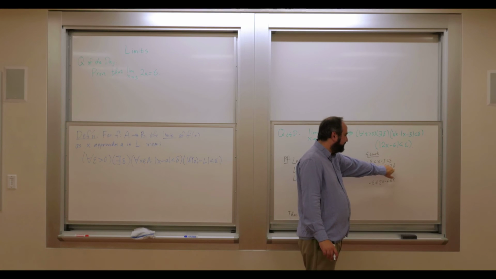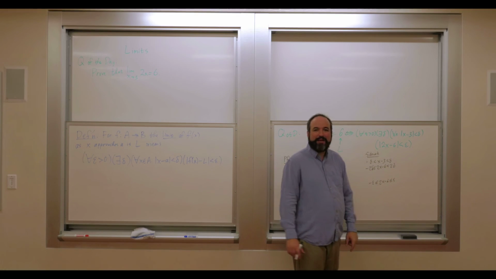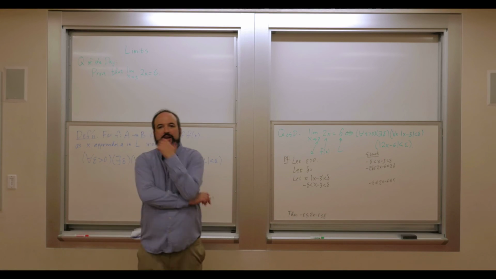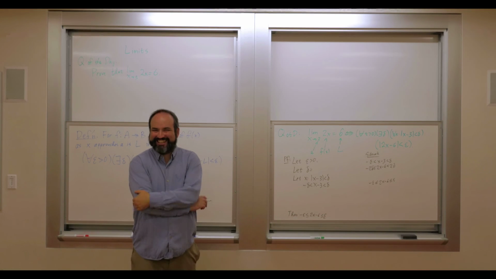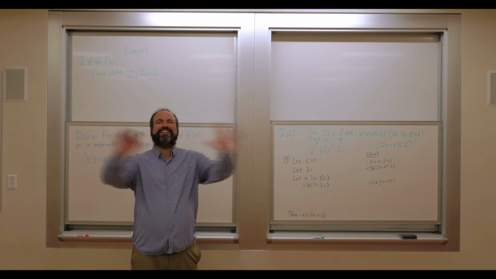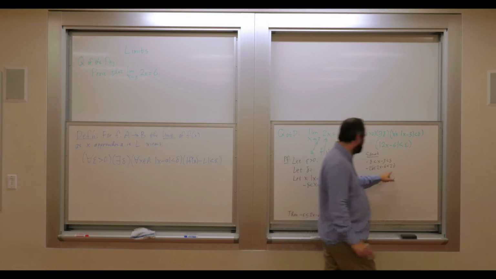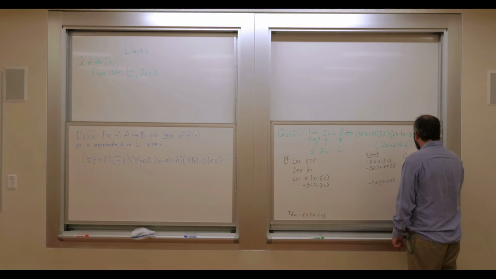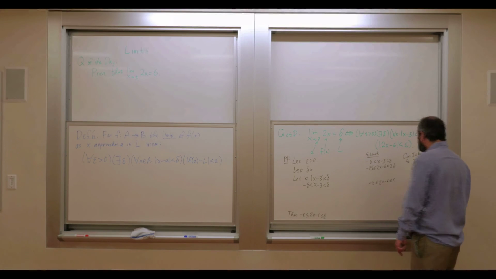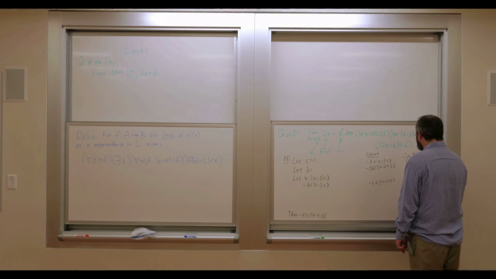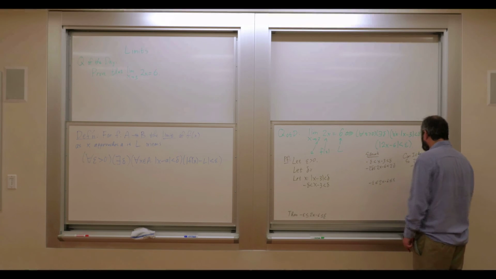But this 2 delta and epsilon, I don't know the relationship at this point. But I get to pick delta. I can pick delta to be anything I want. Can I choose delta so that 2 delta is at most epsilon, and negative 2 delta is at least negative epsilon?